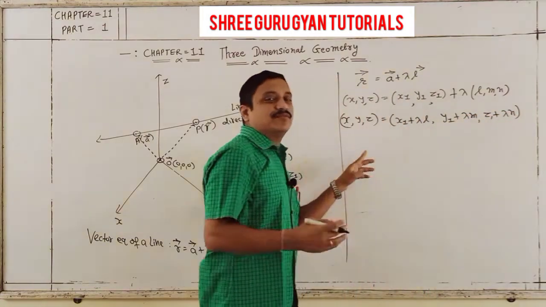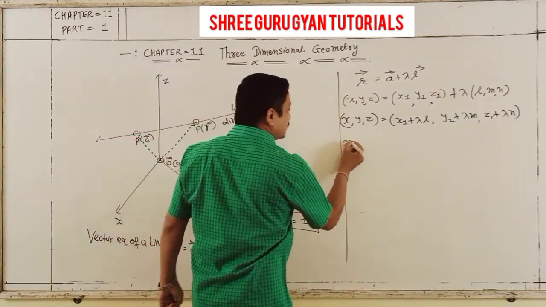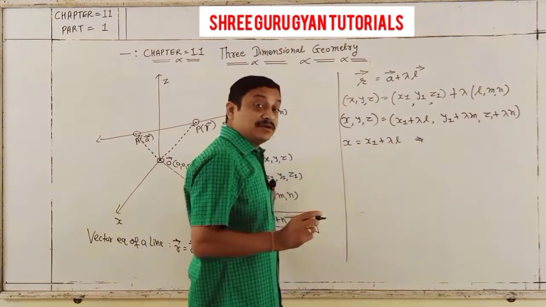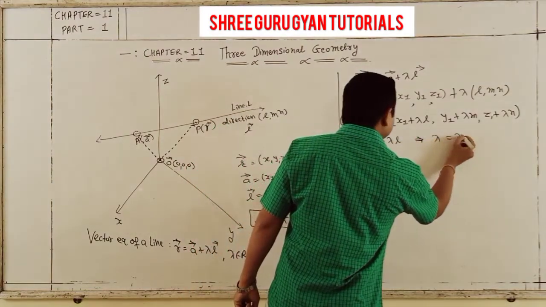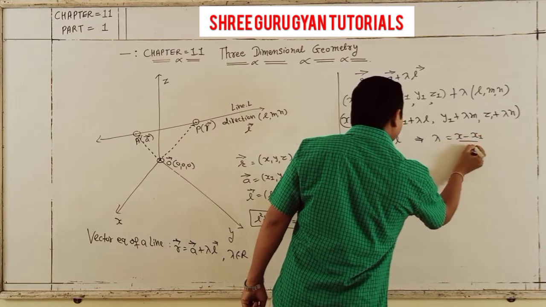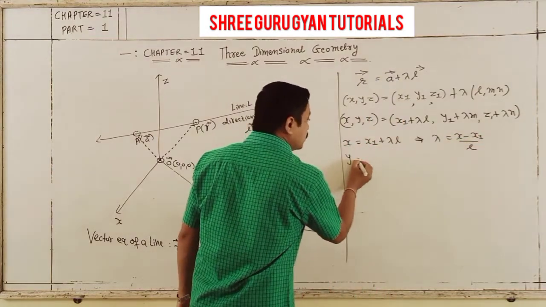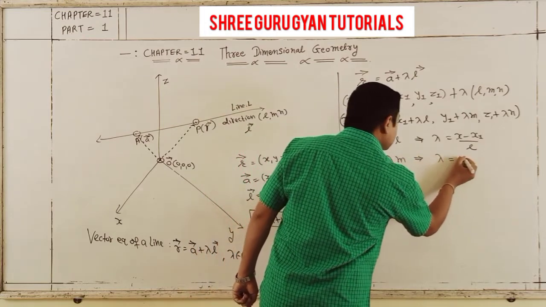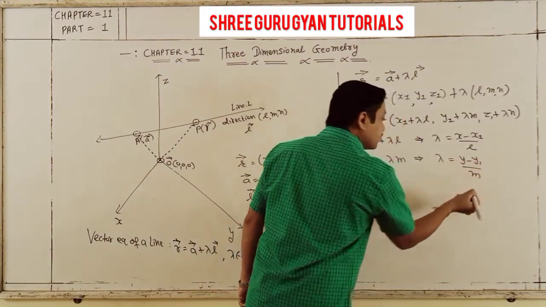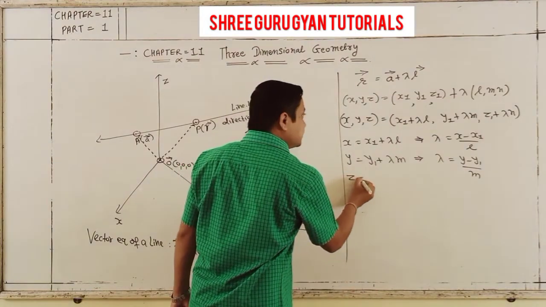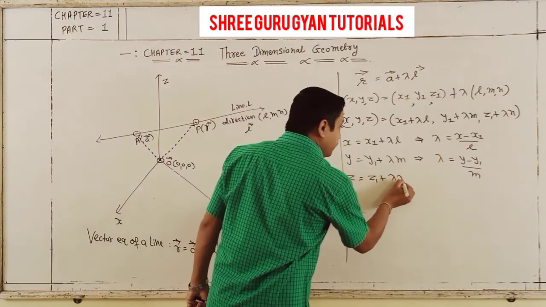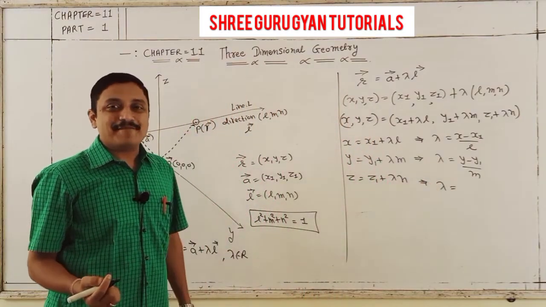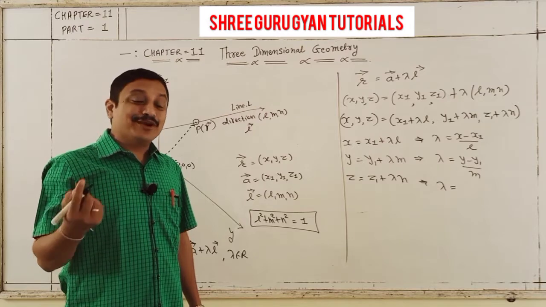I just compare first to first. So x = x1 + lambda l. Now here eliminate the value of lambda, so (x - x1)/l. Similarly students, second, y = y1 + lambda m. Here lambda is eliminated, so (y - y1)/m. And third, students, same, z = z1 + lambda n.